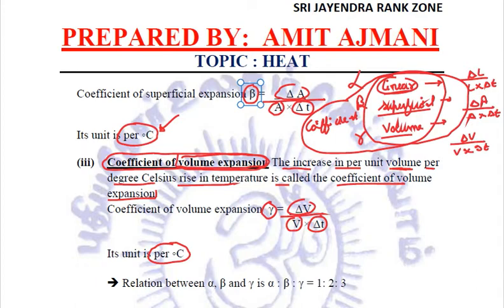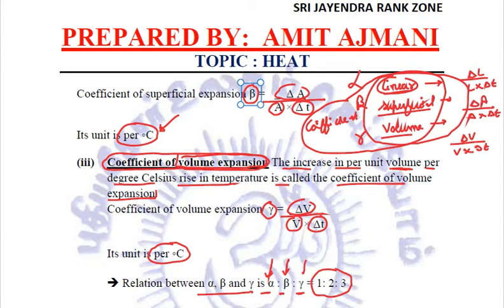And the relation between these three coefficients is: coefficient of linear expansion to coefficient of superficial expansion to coefficient of volume expansion is 1 is to 2 is to 3. And that is quite understandable, because linear expansion means lengthwise, and if there is expansion in the area, it will be double the effect of the length.